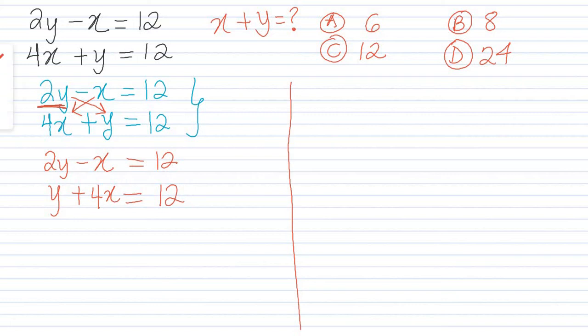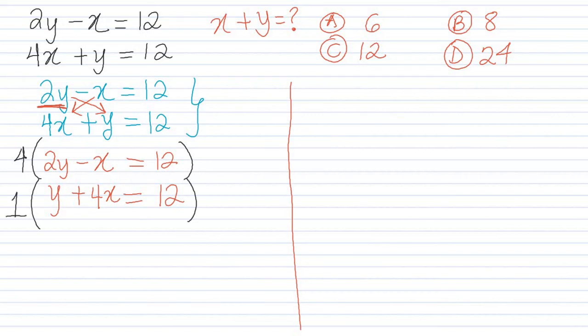So now that we have this, my plan is to work on eliminating. One thing I can do is multiply the top equation by 4, and you're going to see the reason why. And I'm going to multiply the bottom by 1, basically not changing the bottom.